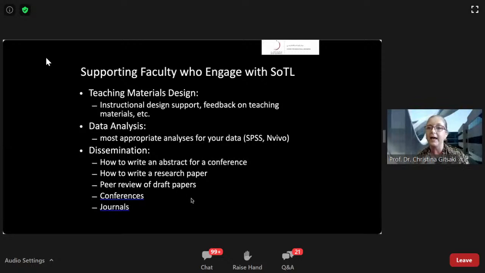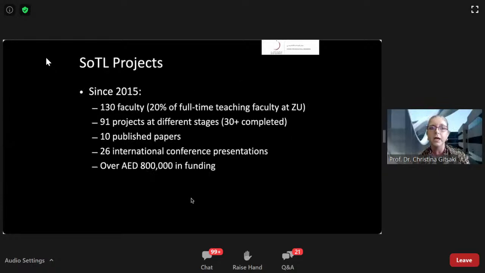Once they have the data, we organize workshops on analyzing the data, whether it's quantitative or qualitative. And when the time comes for them to disseminate their results, if they require support with writing an abstract, especially working with faculty whose first language may not be English, we provide help with that as well. And we also help them with writing drafts of their research papers before publication.